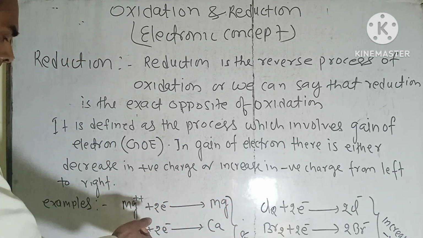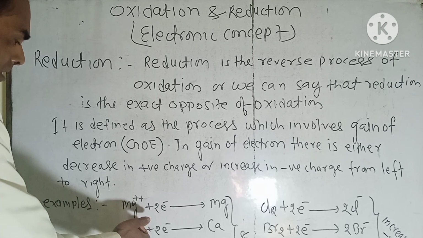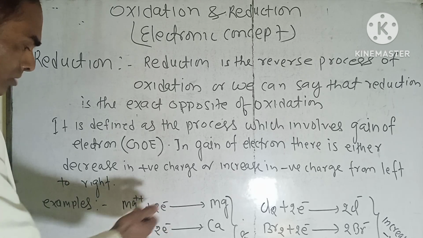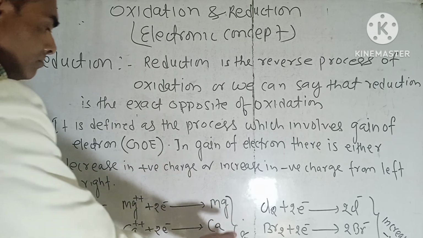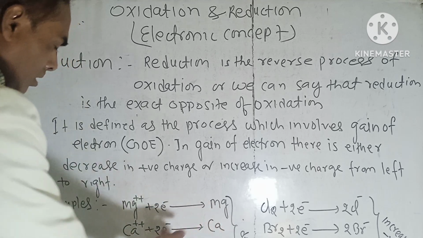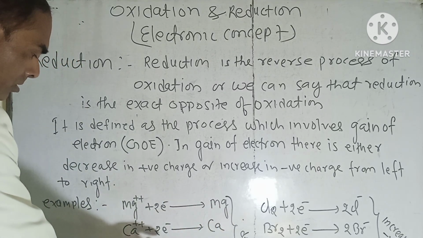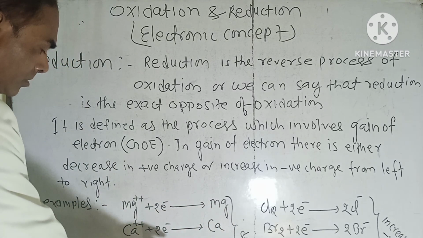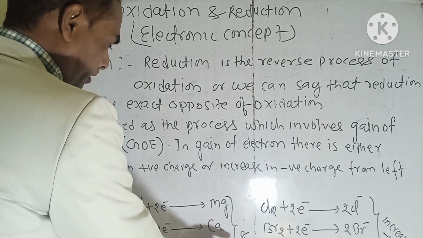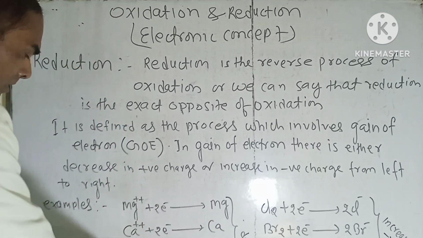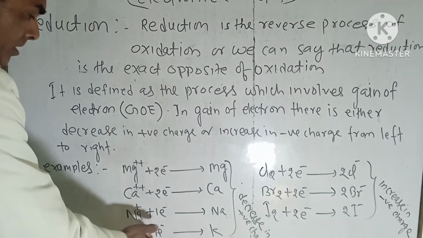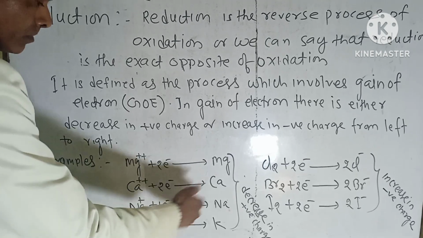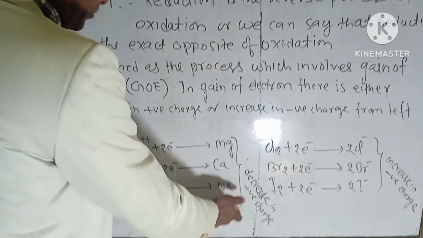In the same way, calcium has 2 positive charge, which gains 2 electrons forming a calcium neutral atom. Here sodium 1 plus gaining 1 electron is converted into a sodium neutral atom. Potassium ion with 1 positive charge gaining 1 electron is converted into a potassium neutral atom.